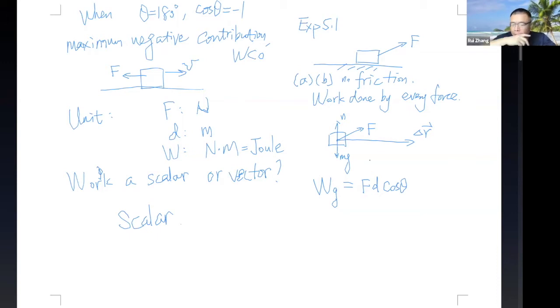What is the angle between these 2 directions? Come on, guys, that's a simple question. If you want, you can talk to me as well.